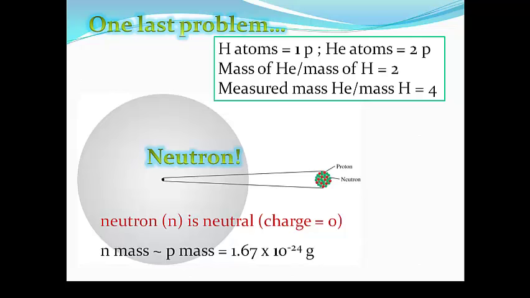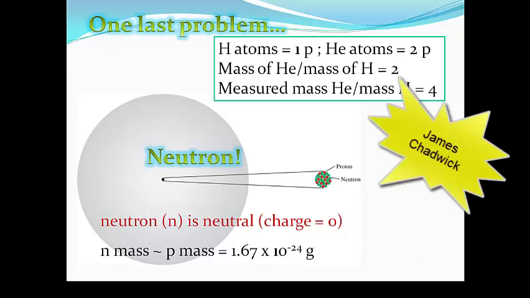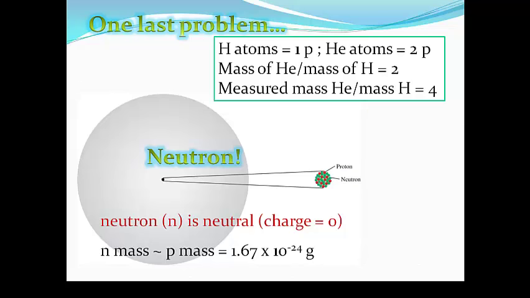And the proof was provided by an English physicist called Chadwick. So Chadwick is known for discovering the neutron. Now a neutron is in the nucleus with the protons, and they are exactly like the name signifies. They're neutral, all right? And they weigh more or less the same as the mass of a proton.